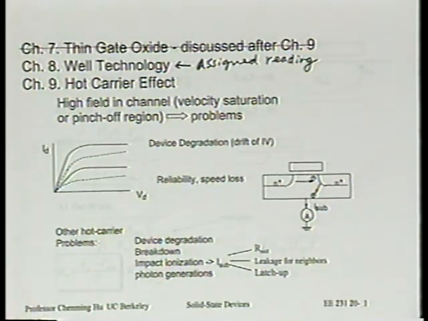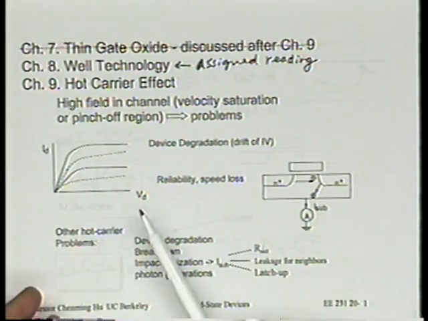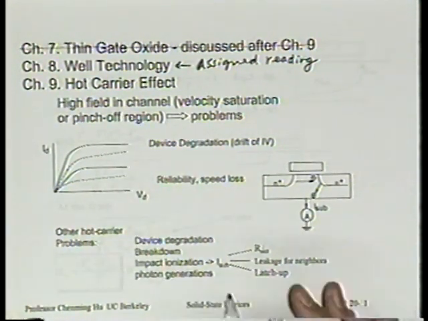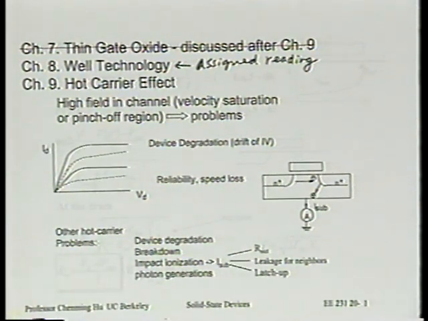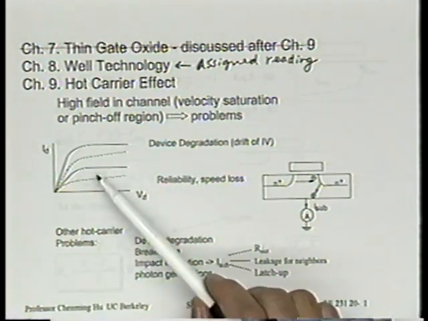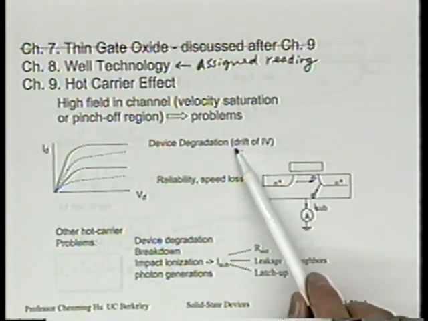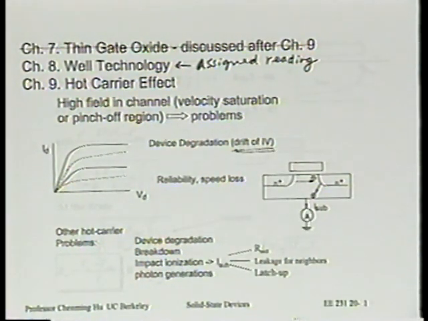Suppose it's a 3-volt part and you operate at 5-volt. Then you're going to see this happen just within a matter of minutes, perhaps hours. What's going to happen eventually is that the IV curve drifts. So that's why, therefore, this word drift of IV is another way to understand what we're talking about, all right?